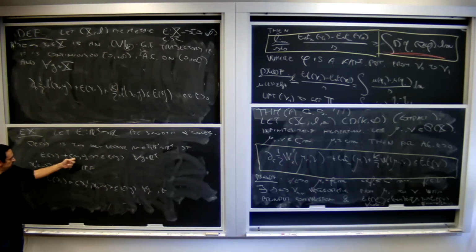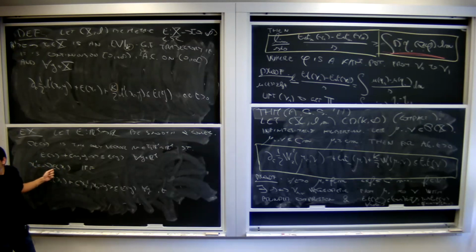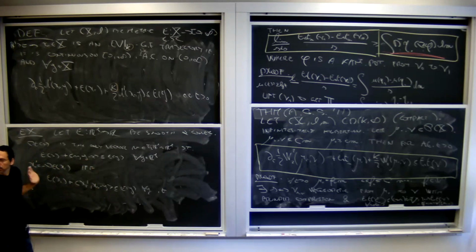I just replace v. If you fix t, where x is a smooth curve and everything is smooth, then x_t prime is minus the gradient of E if and only if for every y this holds. I swapped x and y here to take that into account. This is an equivalent characterization if E is convex, of course.